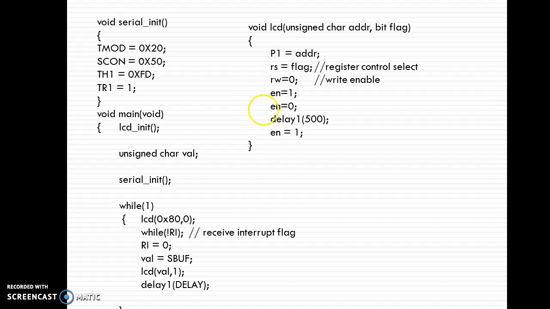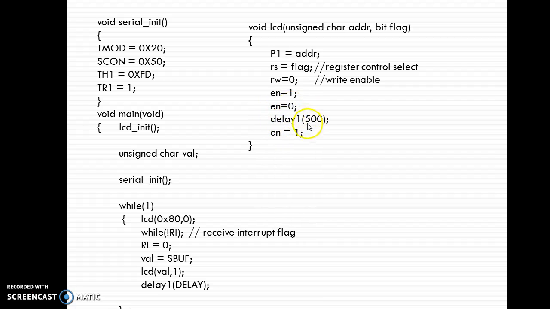Then the register select is made low since it is 0 here. The read write is made 0, that will enable us to write the data. As discussed in the previous lecture, the enable pin has to go from high to low. In order to ensure that, the enable pin is made high and then it is made 0.